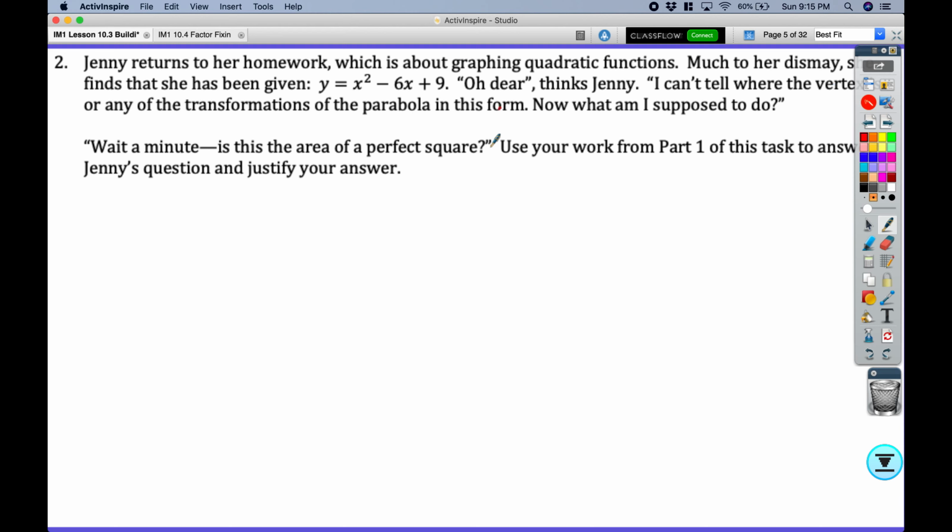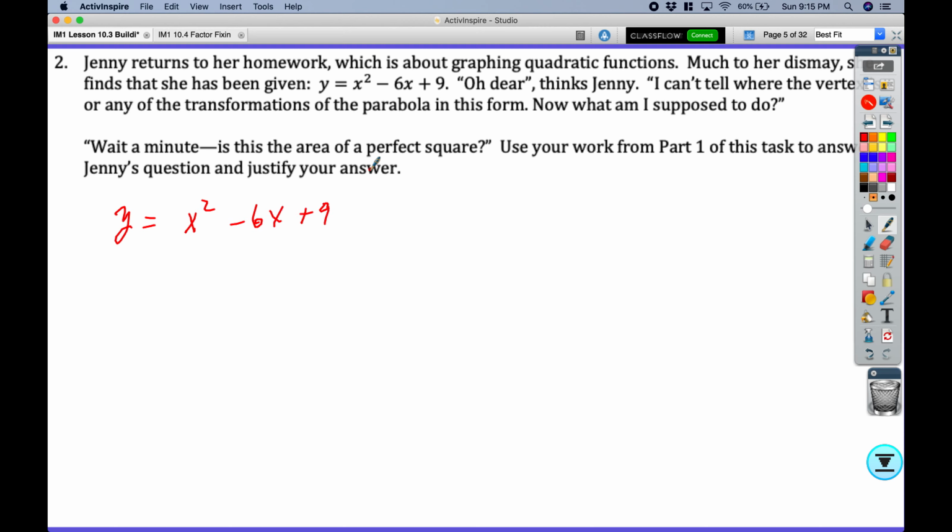So really quickly, I'm going to show you guys how to do these. And let's start with, you're going to start to see a shortcut. So what you need to do is answer Jenny's question just fine. I can't tell what the vertex is, okay. So basically you're given this equation in standard form, x squared minus 6x plus 9.